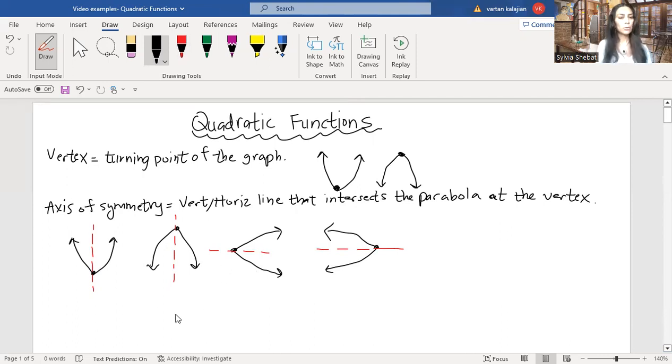Okay, so there are two ways that you can write the equation for a parabola. The first one is called the general form. The general form of a quadratic function.